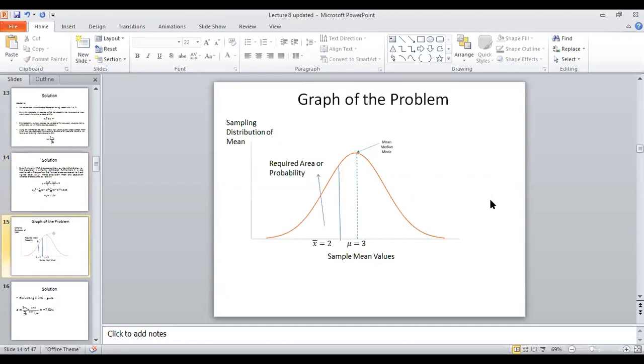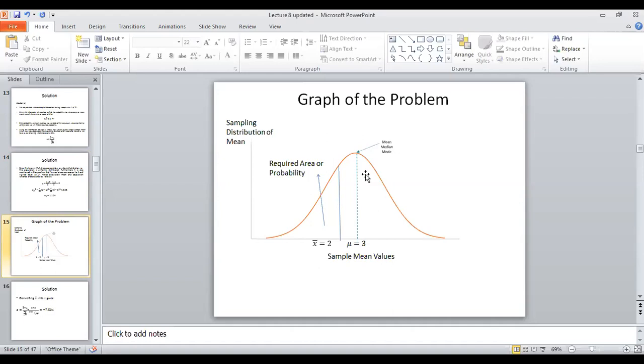So if we graph the problem, we get something like this: a normal distribution, which is basically the sampling distribution of the mean. From this sampling distribution of the mean, we are provided with just one sample, which is x bar equal to 2.